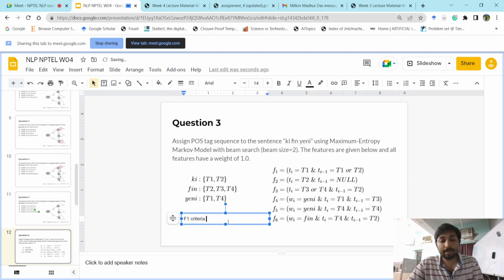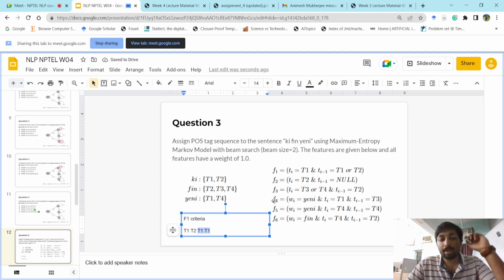Let's say we have a sentence which is T1, T2, T1, T1. Here, for this one, is the F1 criteria satisfied? We can see Ti equals T1 and Ti minus 1 is either T1 or T2. So it is T1. Again for this T1 we can see the previous is T2, so it is also satisfied. Whenever this criteria is satisfied, this feature is 1.